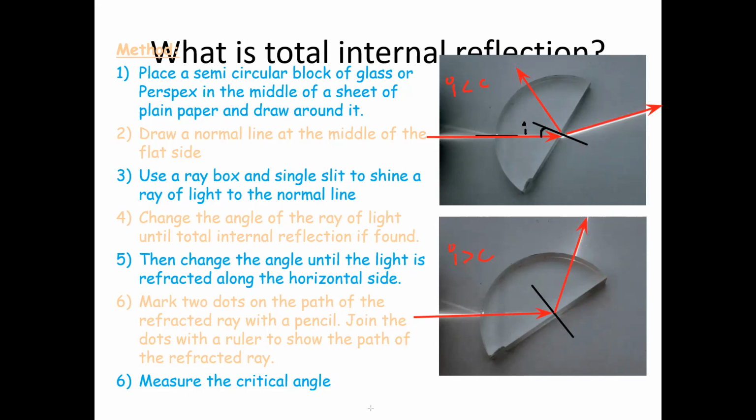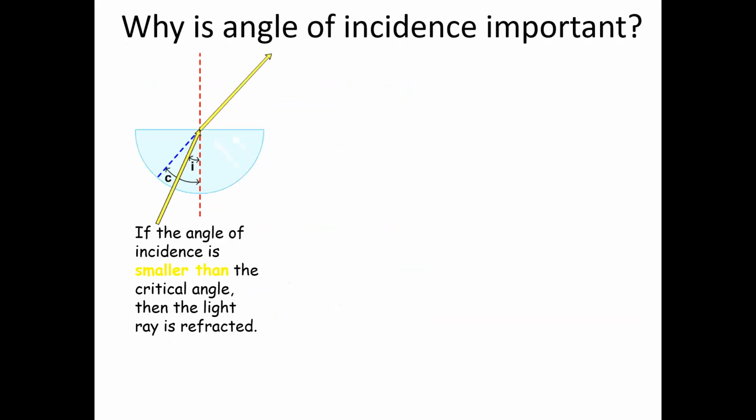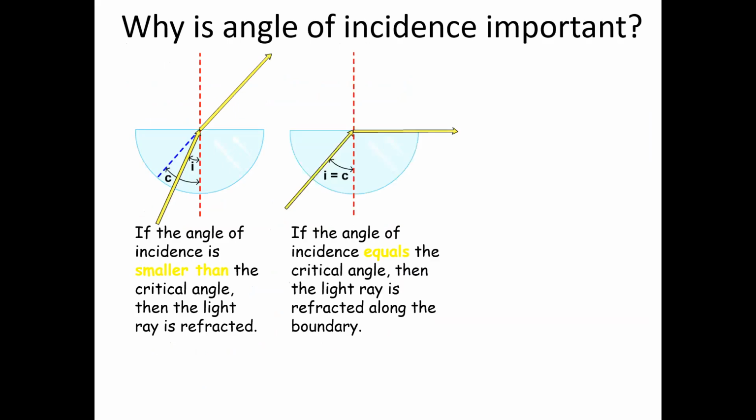The concept of total internal reflection. As you can see, if the angle of incidence is smaller than the critical angle, some of the light is reflected. Here the reflected ray is not drawn, but still some of the light is reflected.